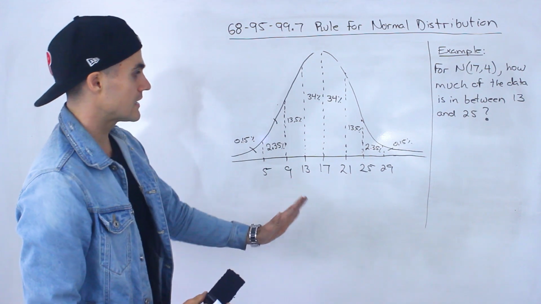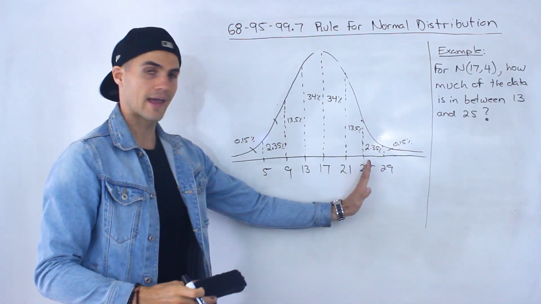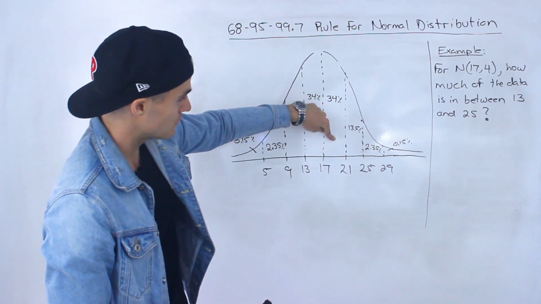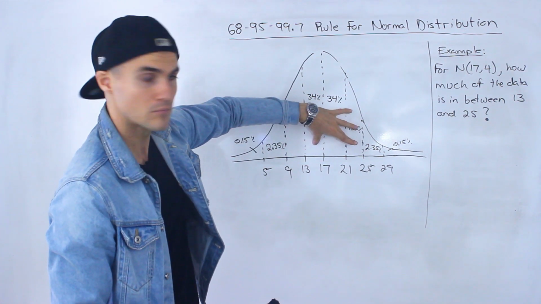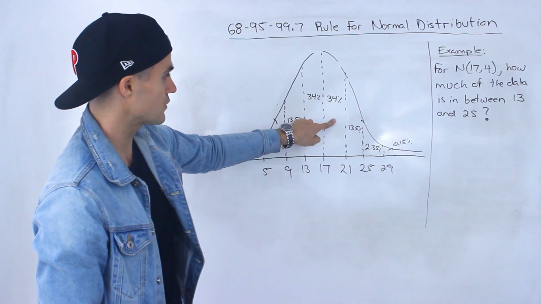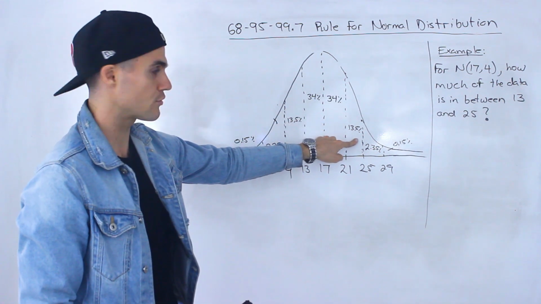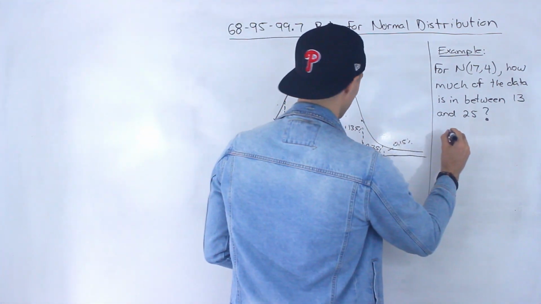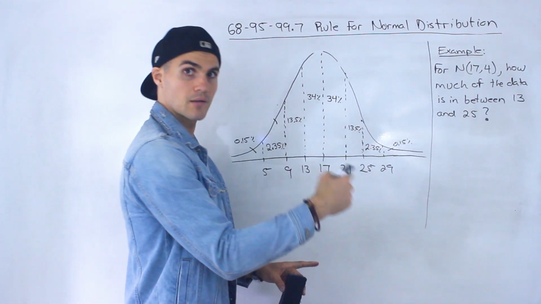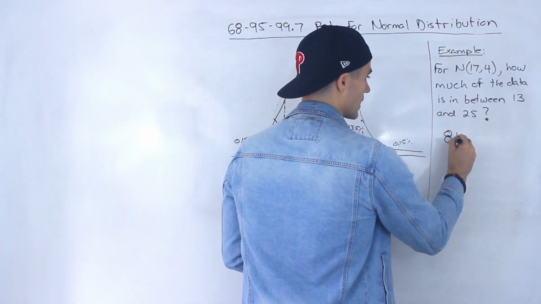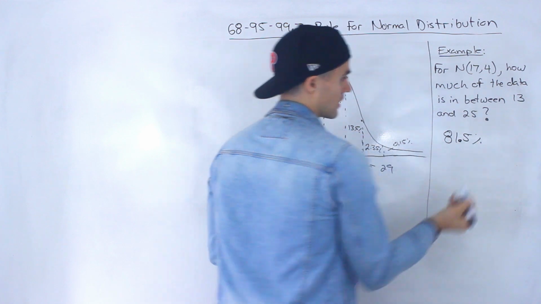So how much of the data is in between 13 and 25? Well, notice we can just count this area and this area. We could sum those up. So we would have 34 plus 34 plus 13.5. And when you sum those up, what you would get is 68% plus 13.5, so you'd end up with 81.5% of the data.